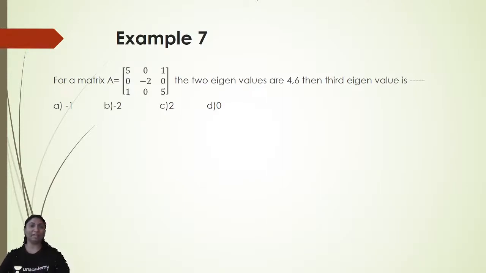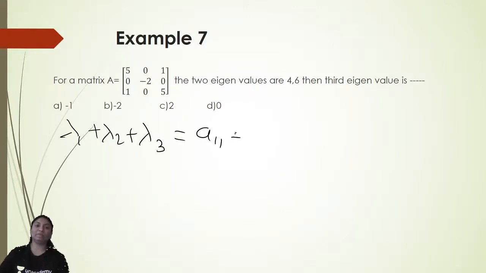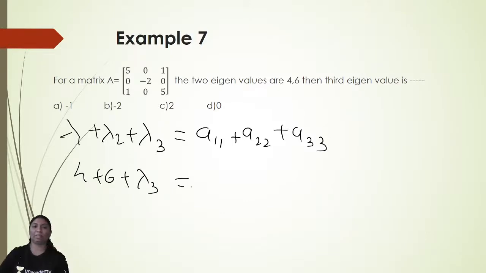We know the property that lambda 1 plus lambda 2 plus lambda 3 is equal to a11 plus a22 plus a33. Okay, the two values are given, 4 and 6. So 4 plus 6 plus lambda 3 is equal to a11 is 5, a22 is minus 2, a33 is 5.